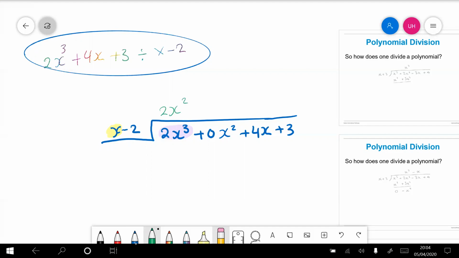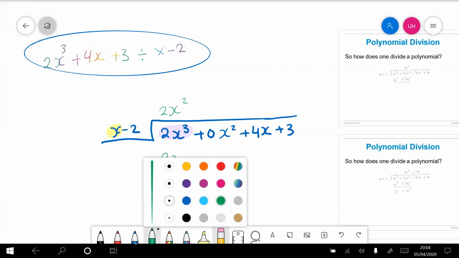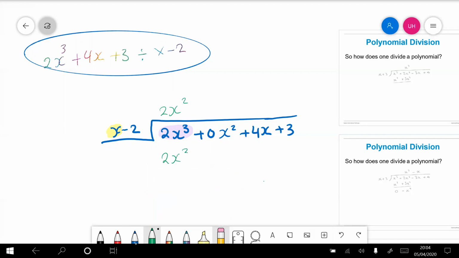Now we multiply 2x squared times this yellow x, which is 2x cubed. And then plus, 2x squared times minus 2 is minus 4x squared.